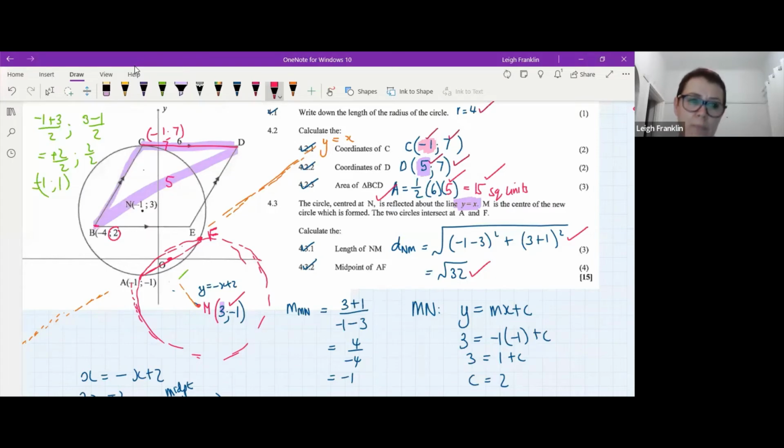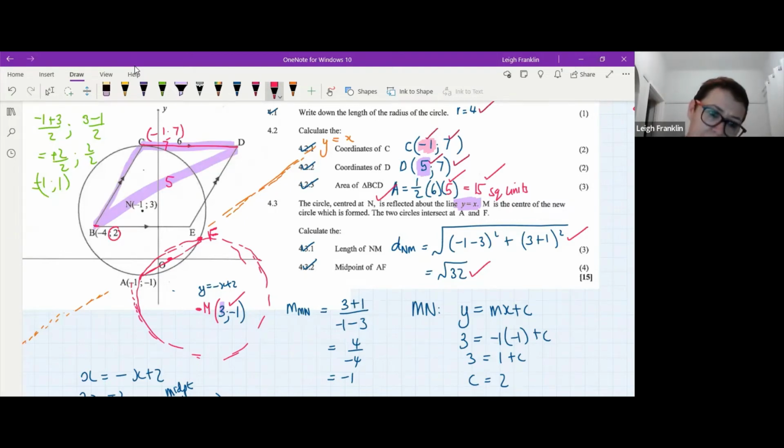What we need to remember is that circles and lines are symmetrical, right? So if I am drawing a line from A to F, it's going to be halfway in terms of length and in width from A to F, all right?